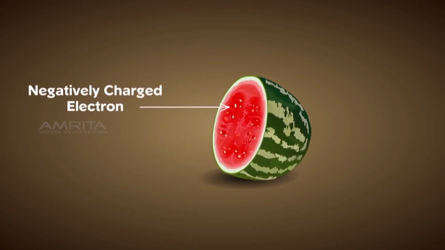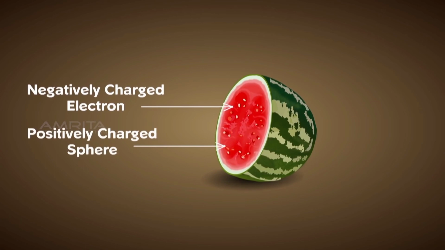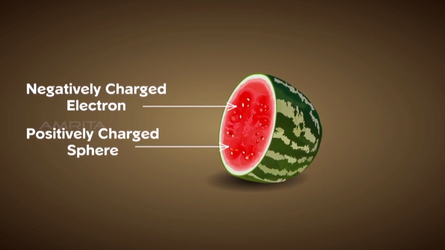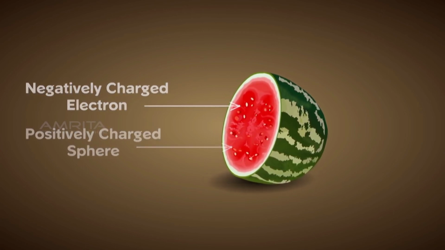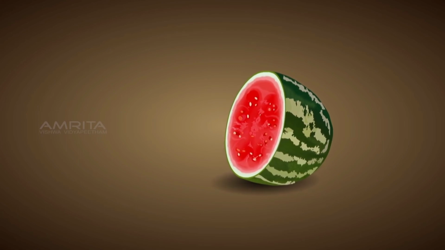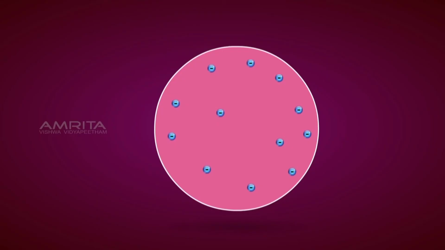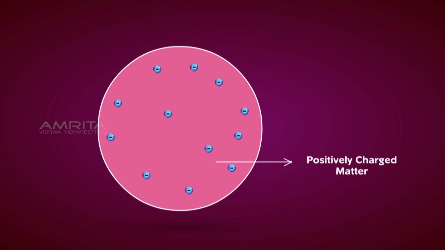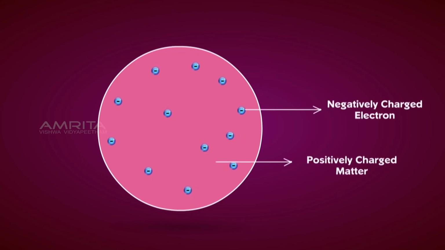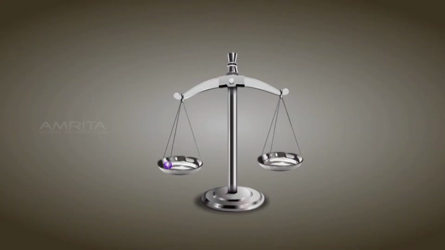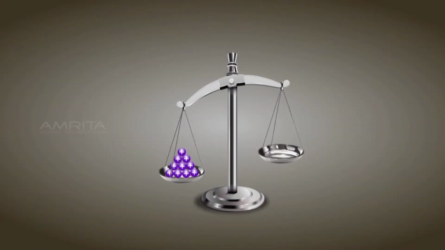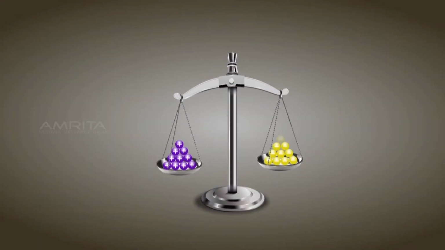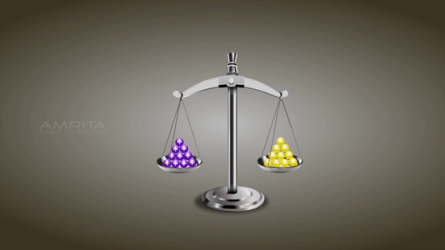The negatively charged electrons are like seeds embedded all over the positively charged sphere, which is compared to the edible part in the watermelon. Thus, Thomson proposed that an atom consists of a positively charged sphere and the electrons are embedded in it. The negative and positive charges are equal in magnitude, so the atom as a whole is electrically neutral.